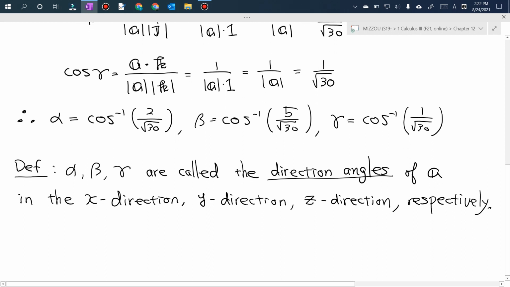Also their cosines are called the direction cosines. Cosine alpha, cosine beta, and cosine gamma are called direction cosines.